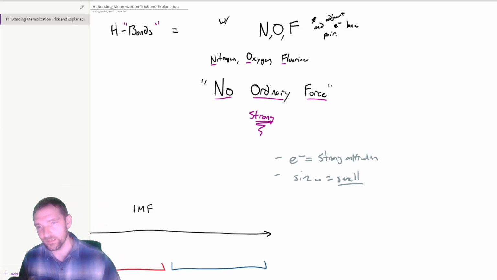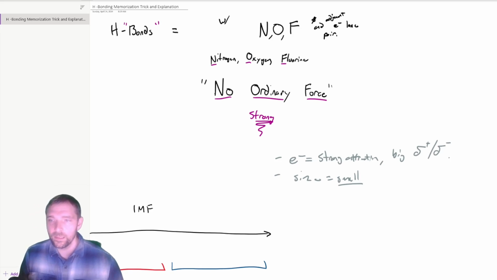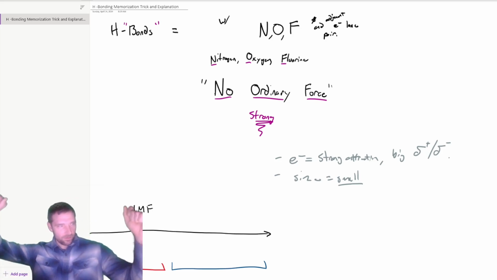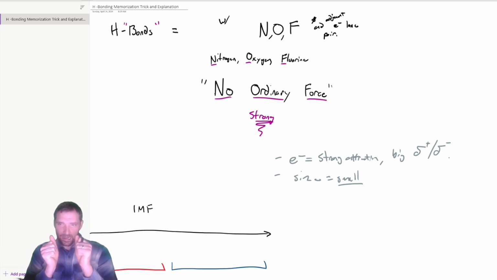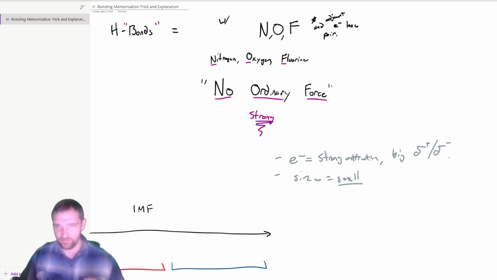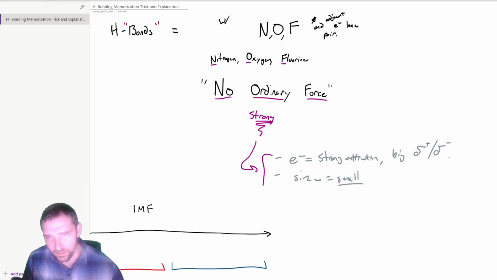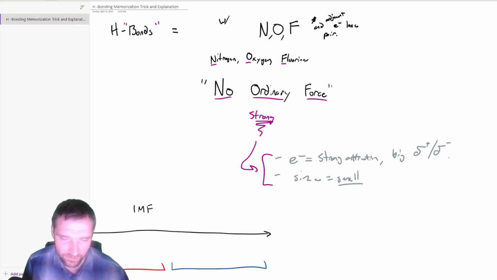And so there's going to be big partial charges, meaning that we have small distances between these things and they've got big charges. So they're very, very strong. These things can be thought of as being strong due to their electron affinity and their small size.